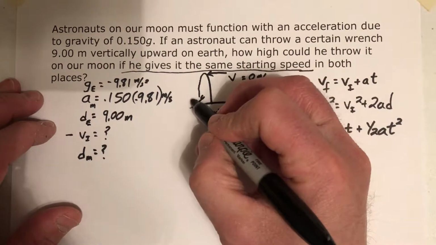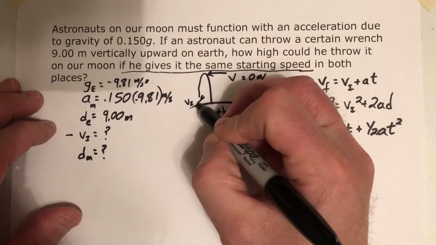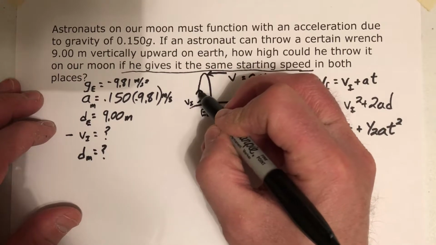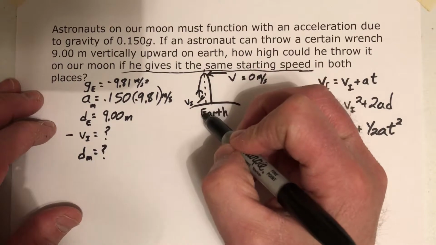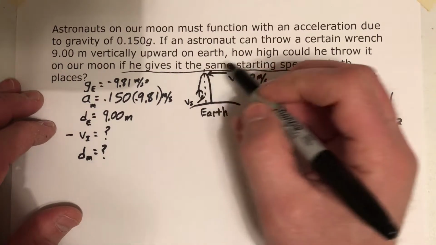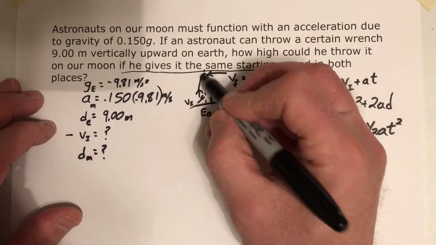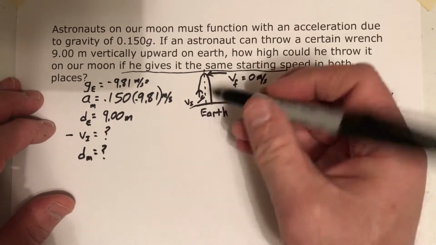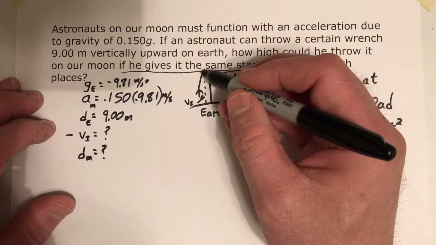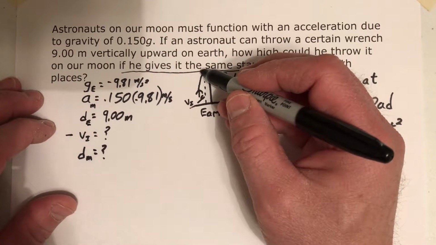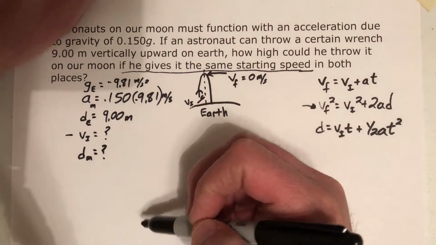So if I look at the initial velocity as when it's thrown up, right here, I can cut this path in half, and the final velocity at the top of the path will be 0. Its displacement from where I threw it to the top of its path will be that 9 meters.